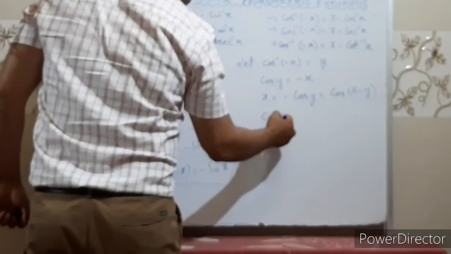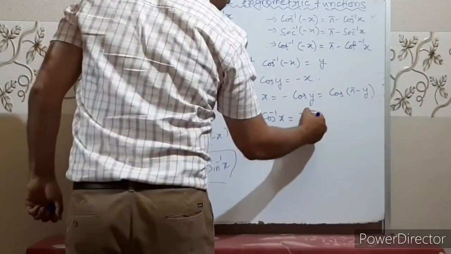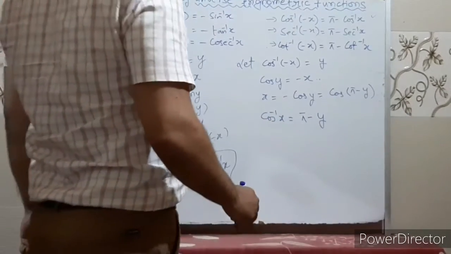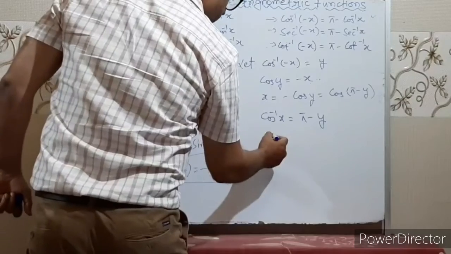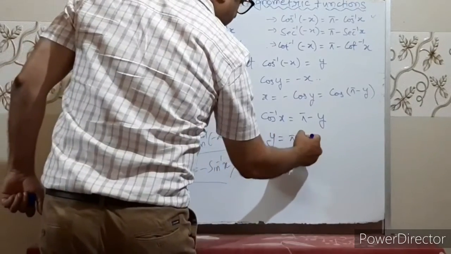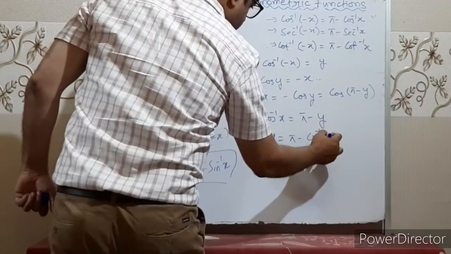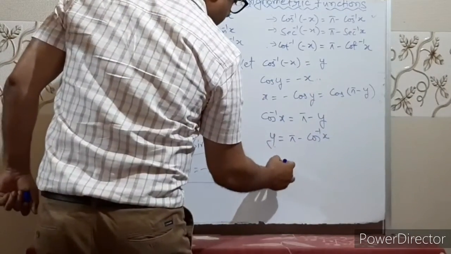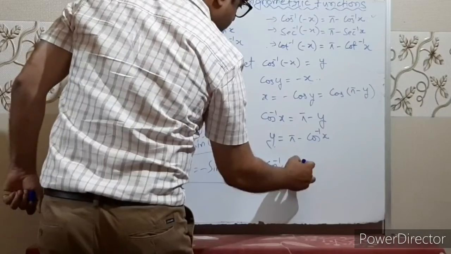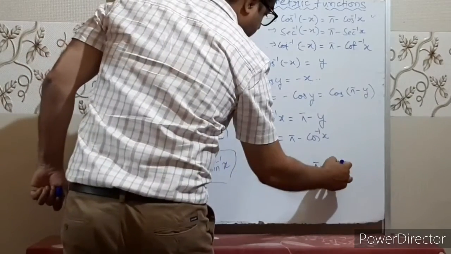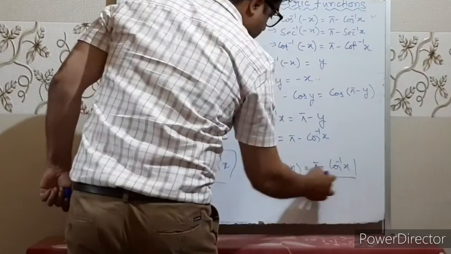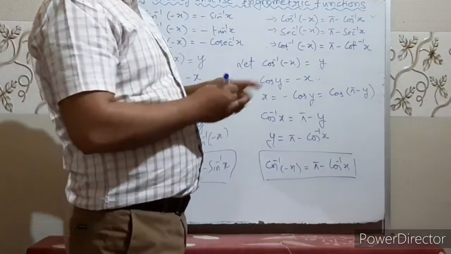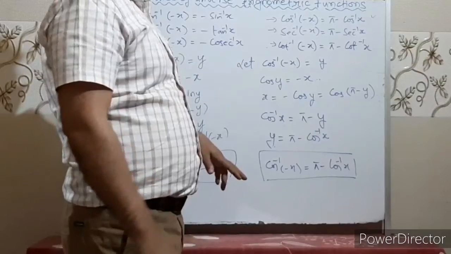So this can be written as cos inverse x is equal to pi minus y. Right. So y will be equal to pi minus cos inverse x. So the value of y when we substitute, that is cos inverse minus x is equal to pi minus cos inverse x.